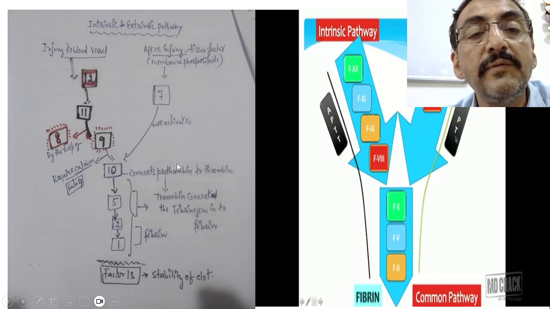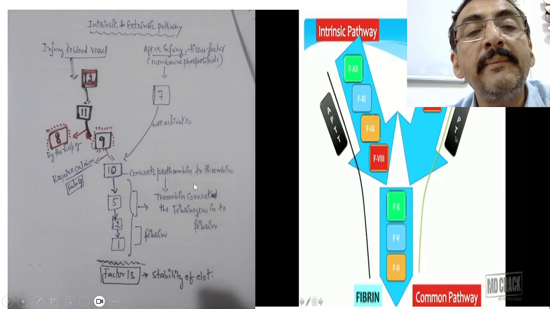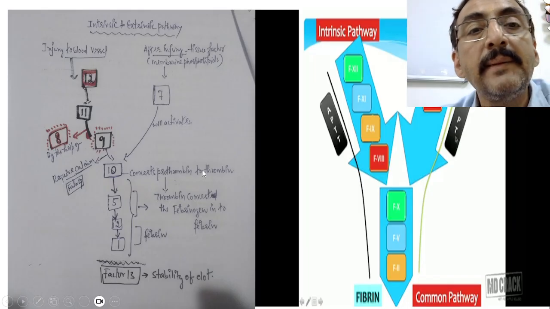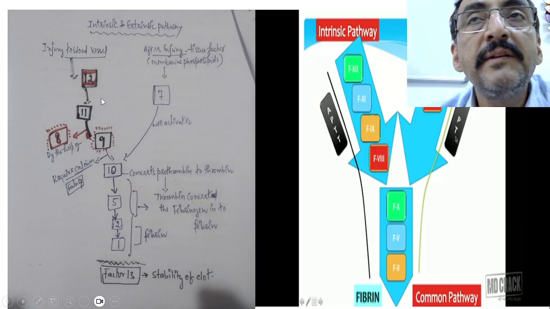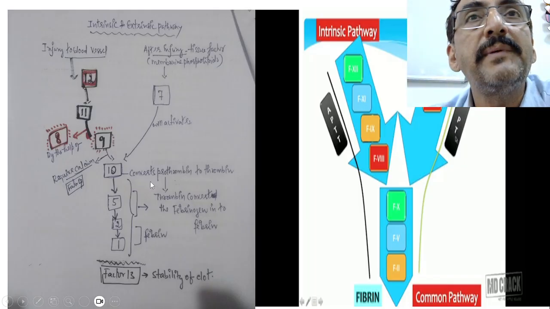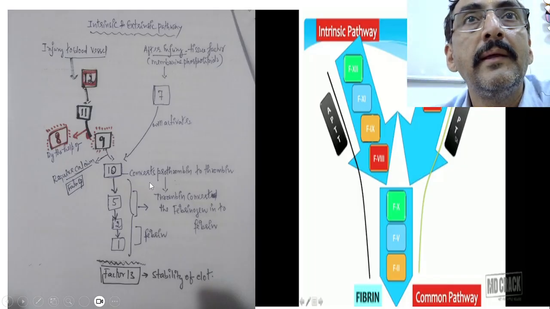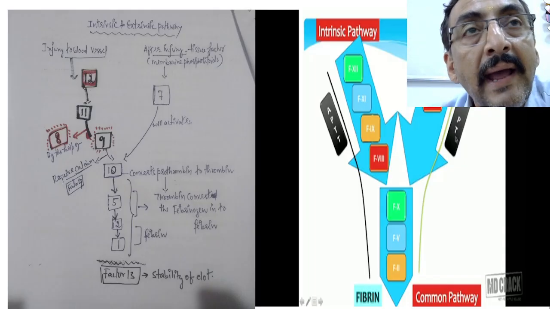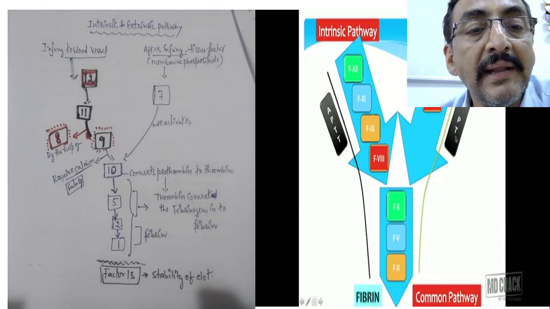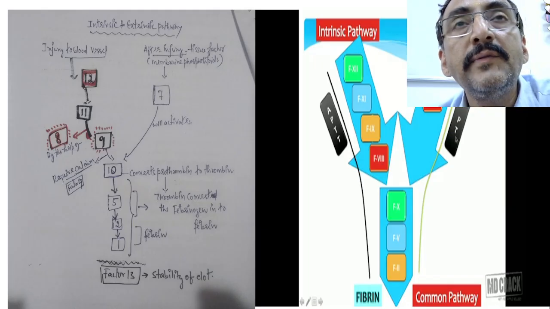So formation of the prothrombin is a very, very important part. It may be affected by problems of the intrinsic pathway or problems of the extrinsic pathway. Suppose the intrinsic pathway is totally out of order and the extrinsic pathway is forming thrombin, but the amount will not be much, so the clot which is formed will be weaker.